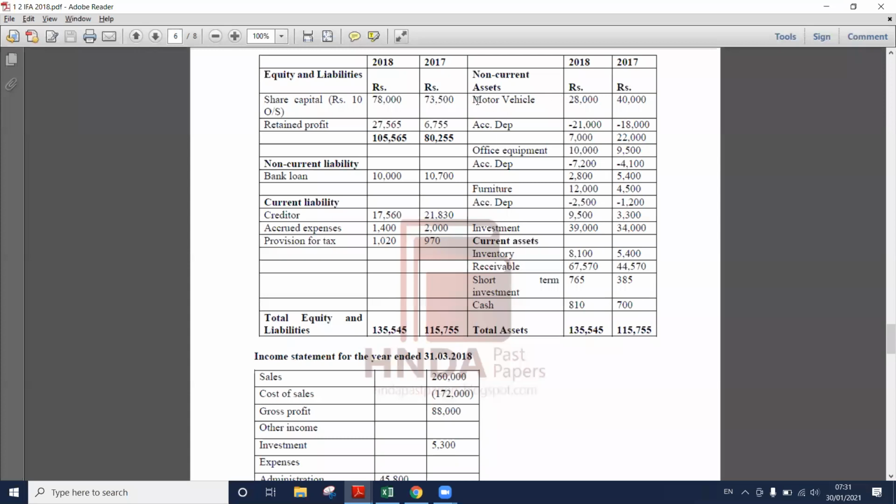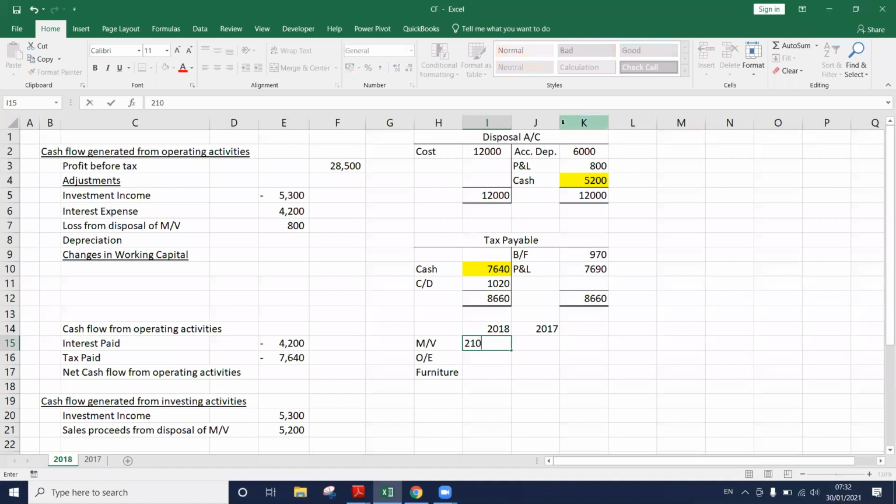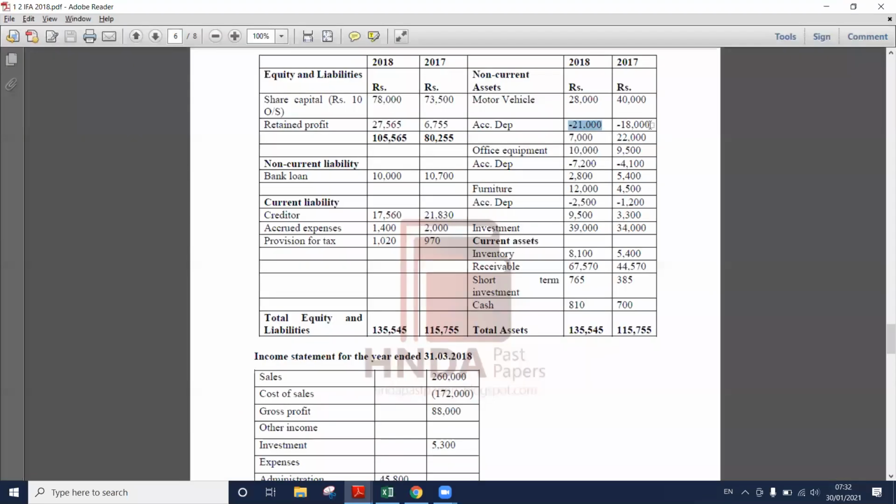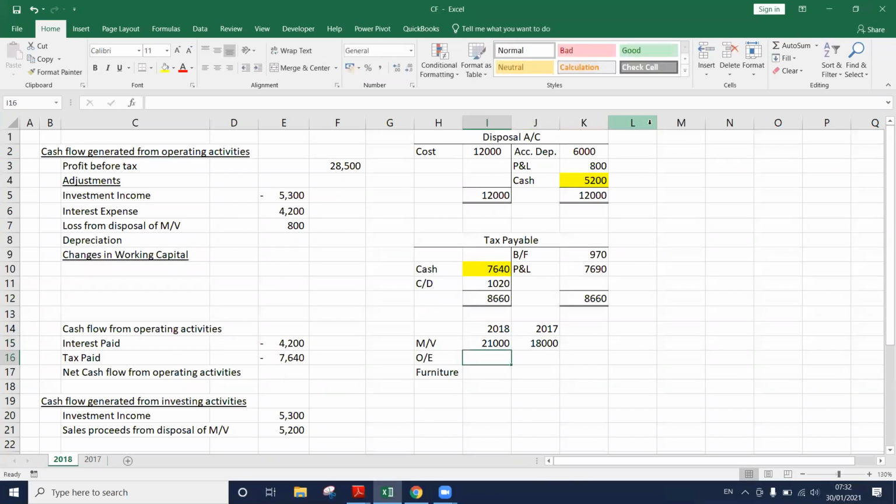By looking at these figures, tell me which gives an idea about the depreciation: the change in cost, or the change in accumulated depreciation? The change in accumulated depreciation. So we will consider the accumulated depreciation figures here. If we take motor vehicle, in 2018 the accumulated depreciation amount is 21,000. In 2017 it was 18,000. So it has increased by 3,000 during the year. Right? The change is 3,000.